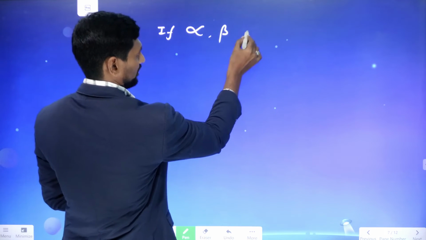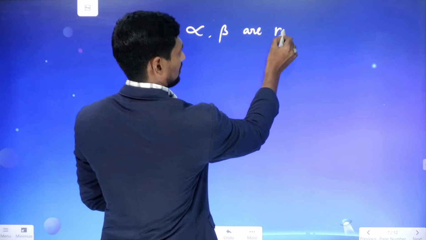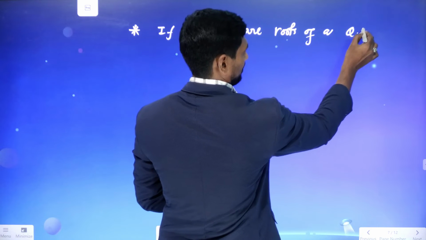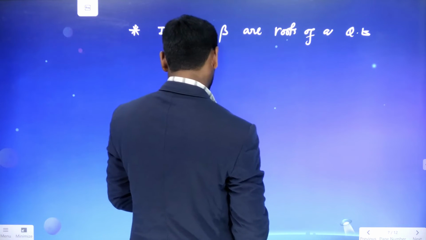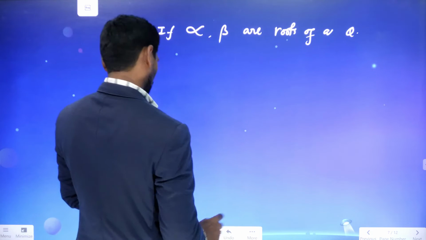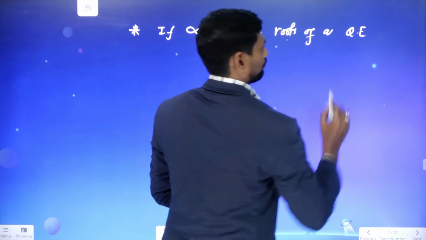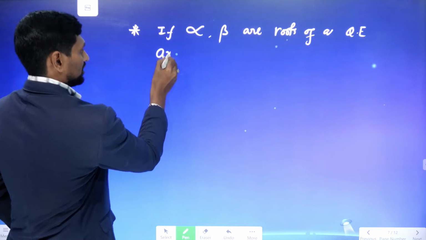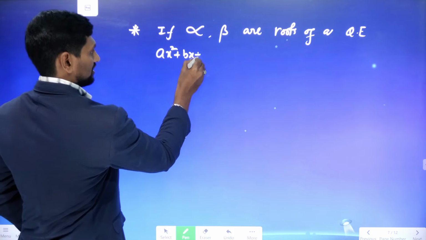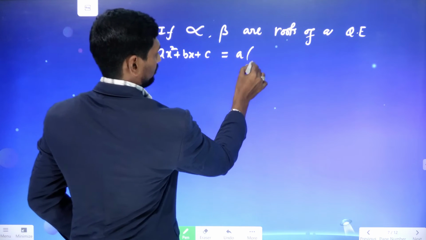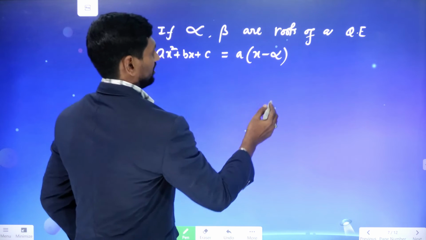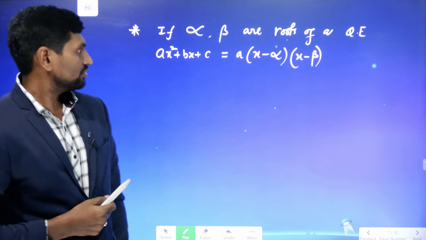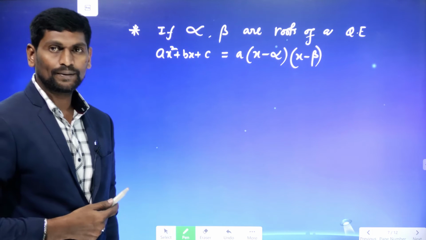If alpha, beta are roots of a quadratic equation, then that quadratic equation ax square plus bx plus c equals a into (x minus alpha) into (x minus beta).